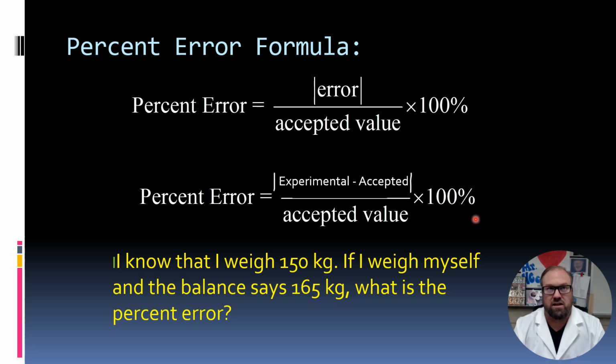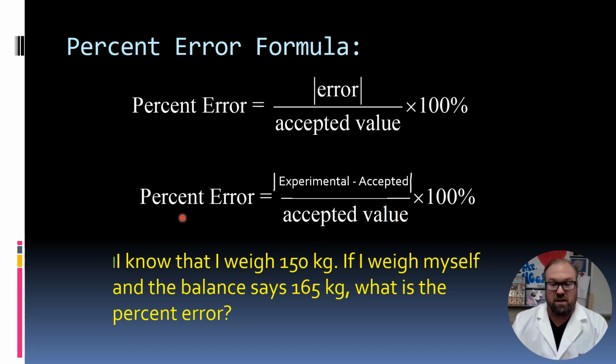So maybe the balance that you step on at your doctor's office, like when I go to Kaiser, they have this really fancy balance, and I'm sure it's very expensive, and it's to many decimal places showing me my mass or my weight in kilograms. So I trust that's the accepted value. And then my scale at home from Target, which is much cheaper, is going to be close to that. It might be over, it might be lower. I hope it's a little bit lower sometimes, you know what I mean? But I can figure out percent error from those two values.